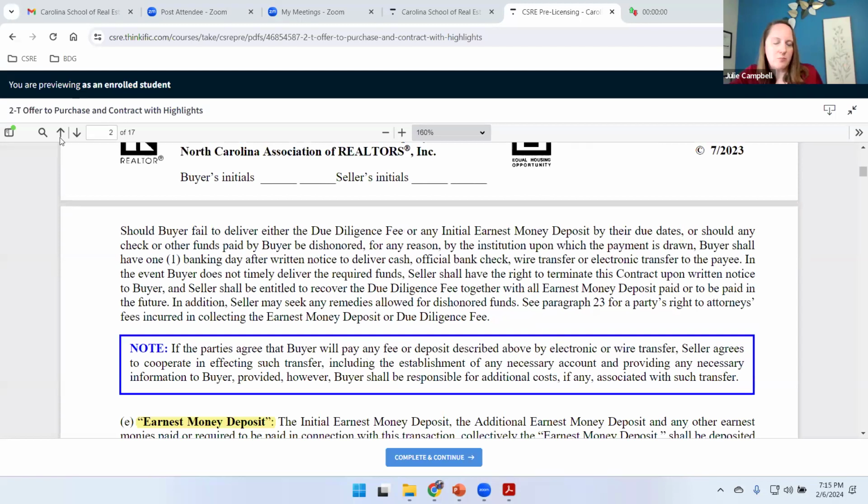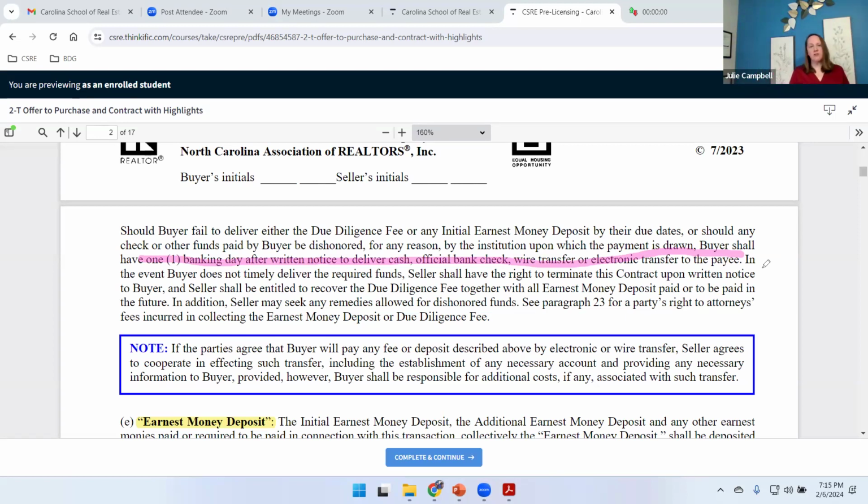The seller has to provide written notice to the buyer, in which case they have 1 banking day to deliver readily available funds: cash, bank check, wire transfer, etc. So if the due diligence or the earnest money are late or bounce, the seller provides written notice to the buyer, and we do have a form for this that we can complete.